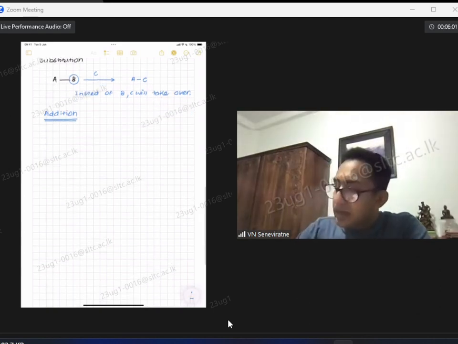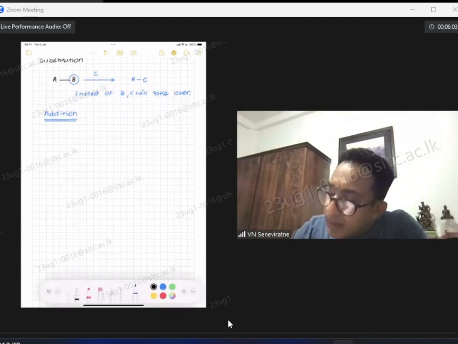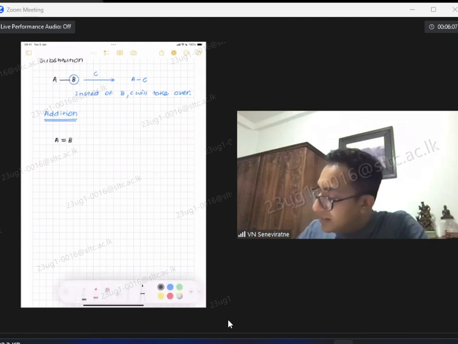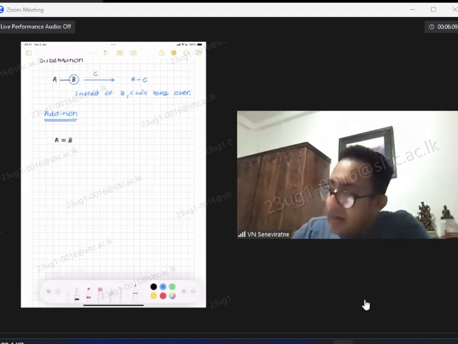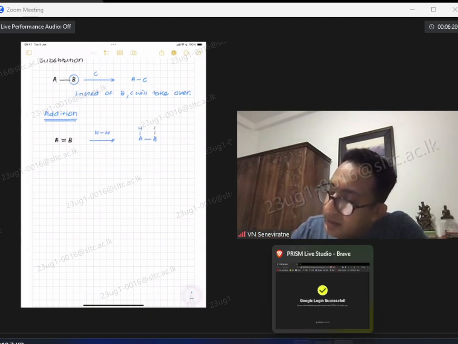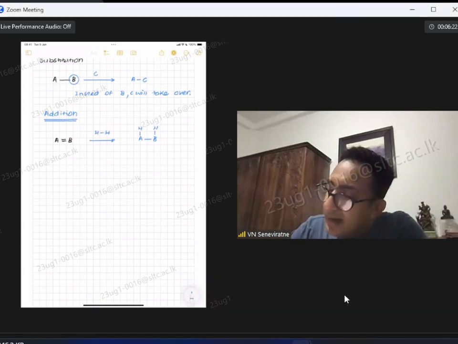So now let us say you have a group like A double bond B, and then let's say you are reacting this with hydrogen gas. Now the double bond will break, and all the old atoms are there, but new atoms are completely added.